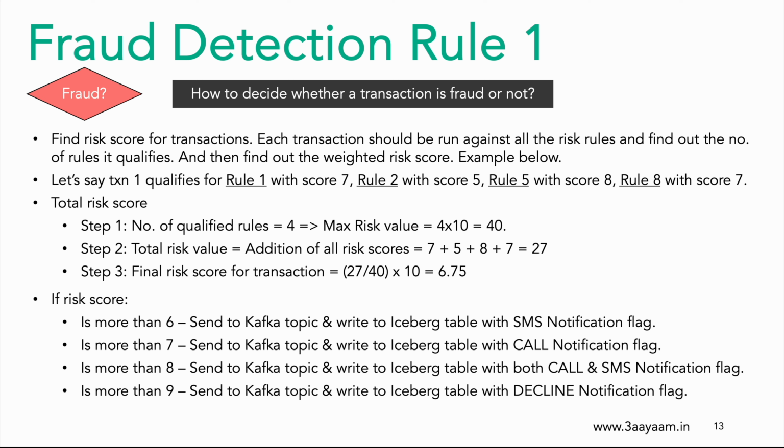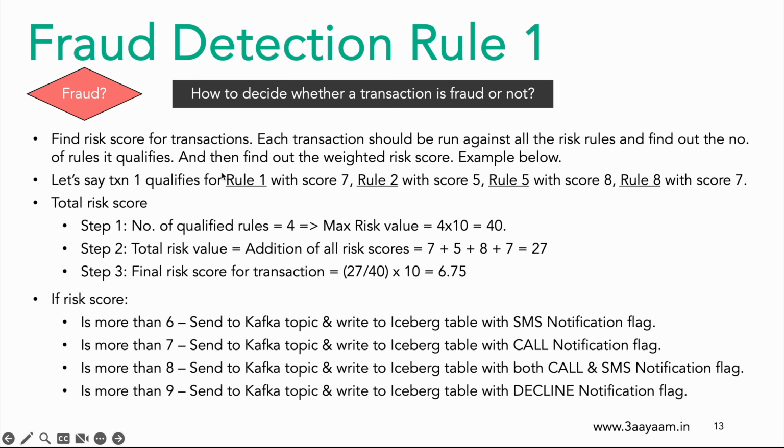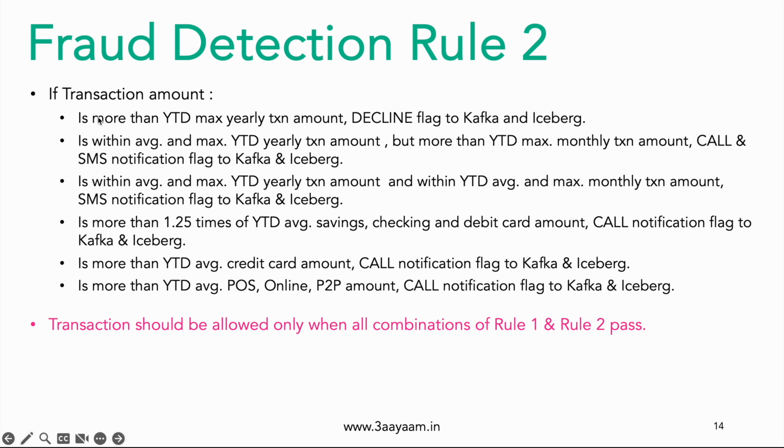And this is an important one because we already have calculated the risk score, and now we are calibrating the risk score against each transaction that is being sent to the Kafka topic from the Kafka producer. You have to apply the first rule. Then you have the second rule, and in the second rule you have to match only for transaction amount.